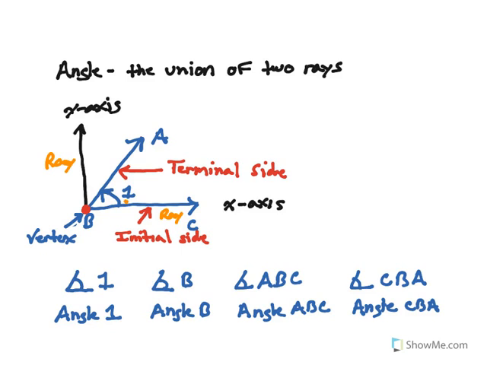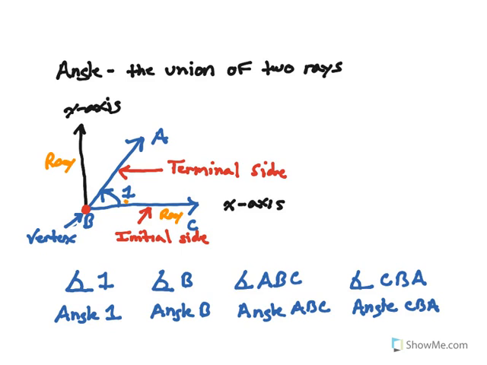So we can label that as angle 1, or you can use the letter that designates the vertex. In this case, it's point B. Point B represents the vertex of this angle, so we can call that angle B. Another way you can say it is angle ABC.